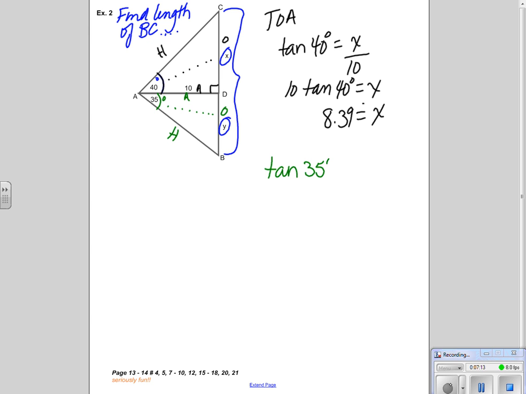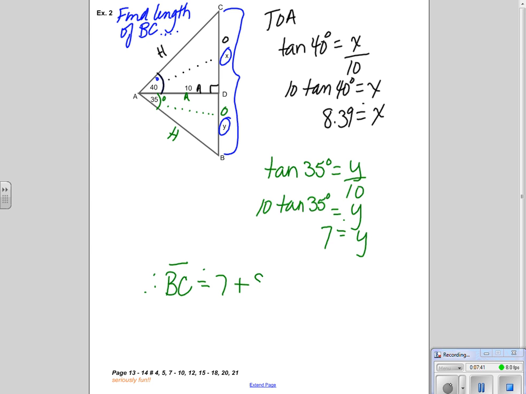Tan of 35 degrees is opposite over adjacent, which is y over 10. So y is 10 tan 35. 10 tan 35 is approximately 7. So my length of BC is 7 and 8.39, approximately 15.39.